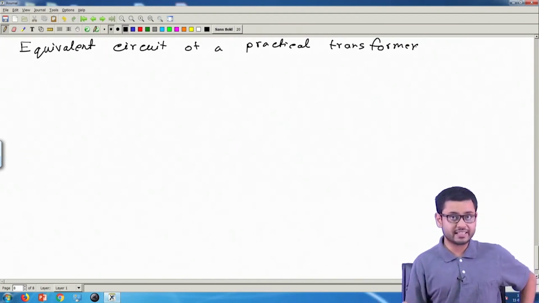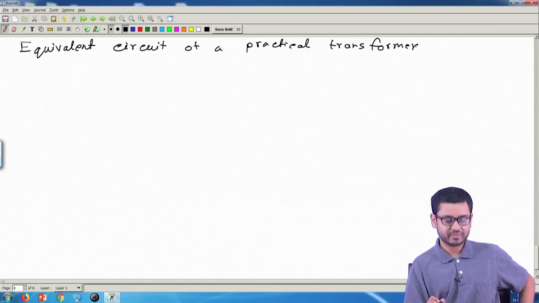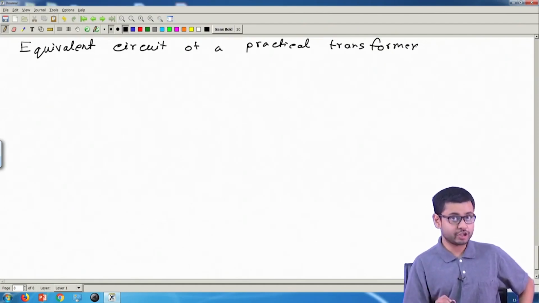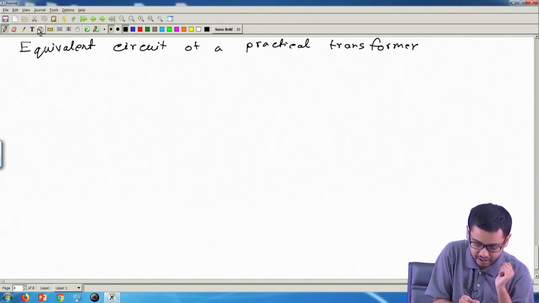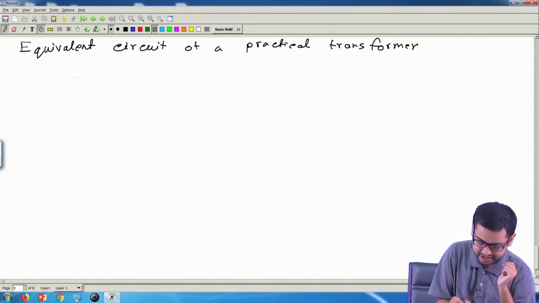An equivalent circuit is a circuit which will again have two ports like a transformer, primary and secondary.